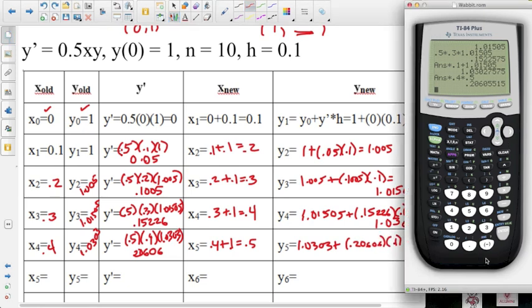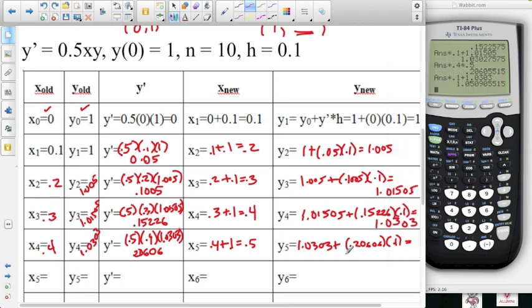So I'm going to come back over here to the calculator. I've got the exact value for my slope. I'm going to multiply it by the 0.1. That's my step. And then I'm going to add in my old value. Here's where the rounding comes in. So I'm going to have to round that to that decimal for the old value. So that new value for y is now 1.05091.